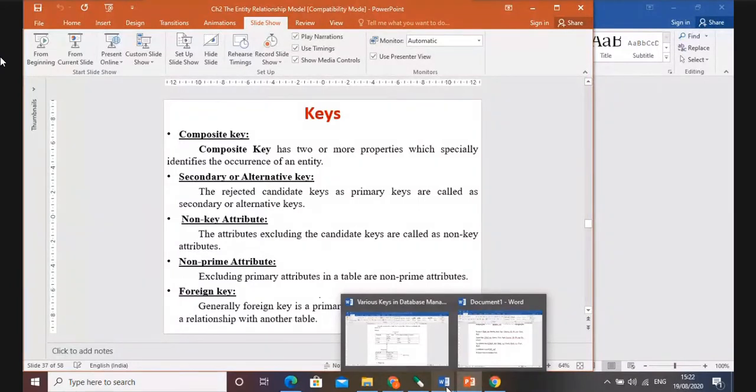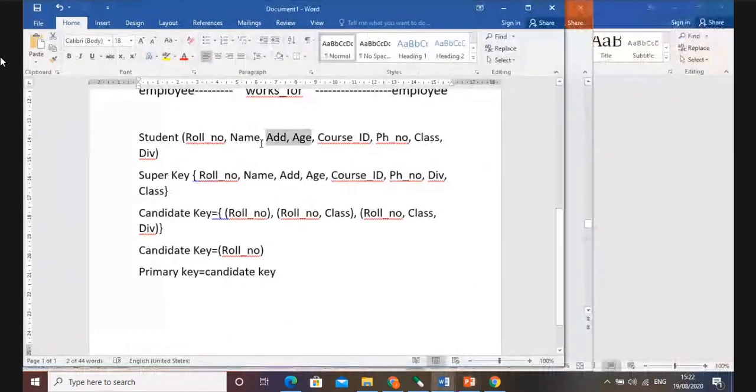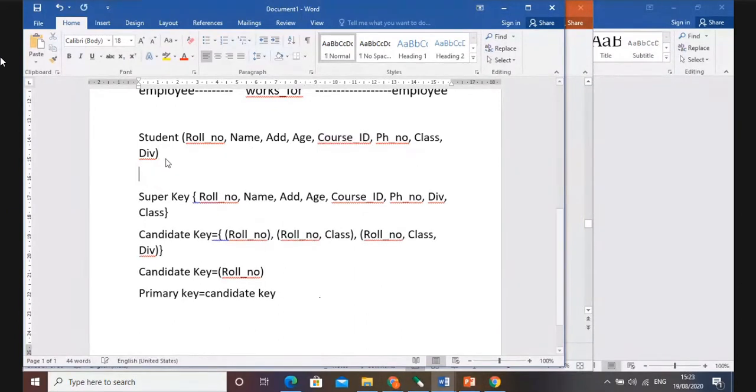Why is this required? Suppose in student, Course ID is there, correct? Student is my one relation. Suppose I have course as another relation where Course ID is the primary key, and duration and so on are my attributes.